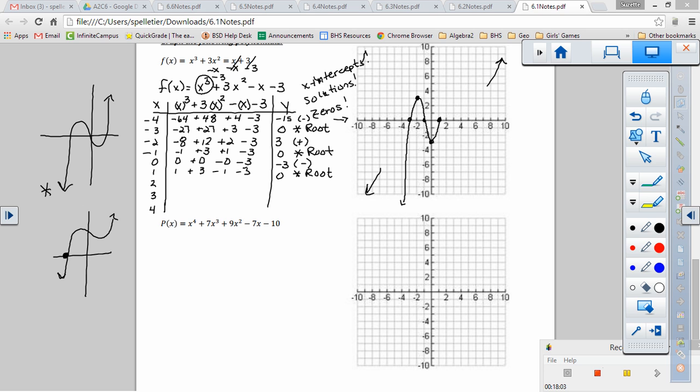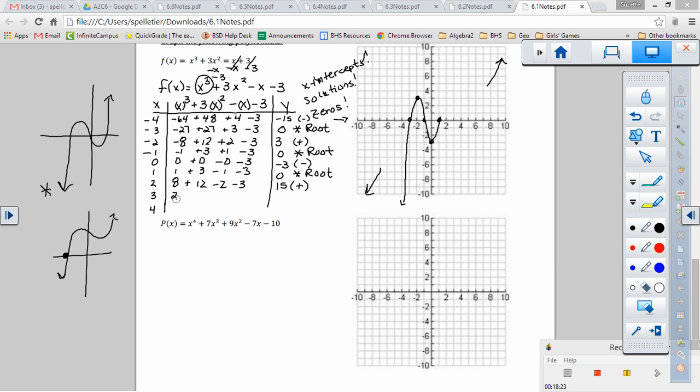So we have the root, okay, and then you can keep going to see, is it going to keep heading in the upward direction? So when you plug in 2, you get 8 plus 12 minus 2 minus 3, or 15. That is definitely way up there in the positive direction.